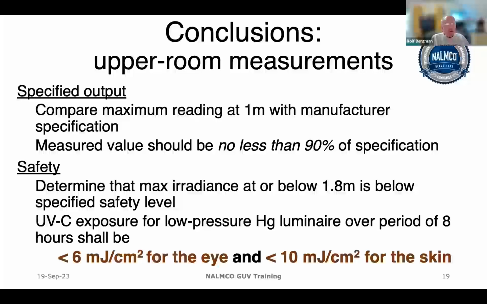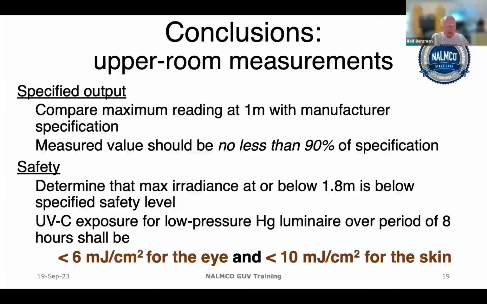So that was the measurements above 2.1, above 1.8 meters. The measurements at 1.8 meters determine the safety. And here you notice that we took measurements in a grid, and we wrote down all those measurements. You take the maximum reading in that grid and multiply it by 30,000, which is roughly how many seconds there are in a day.